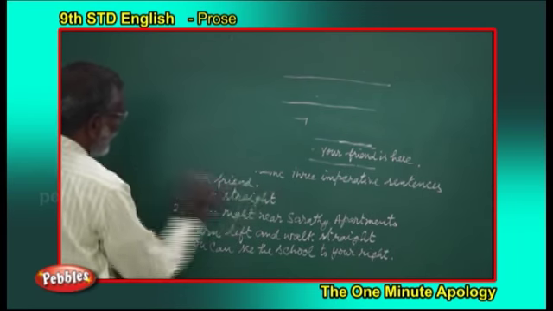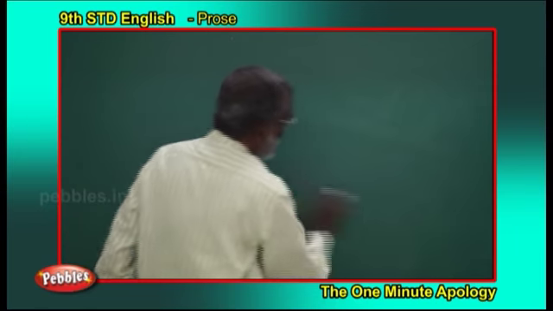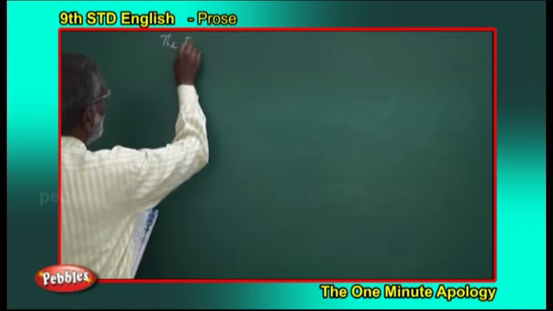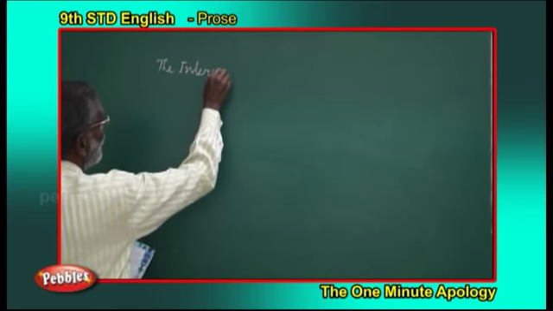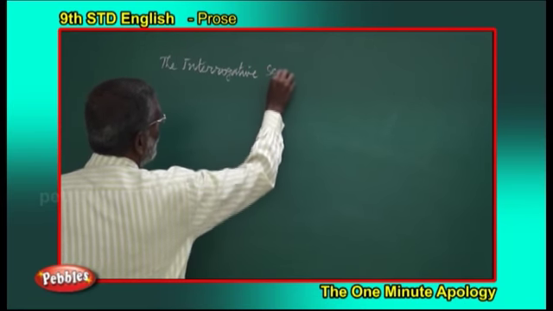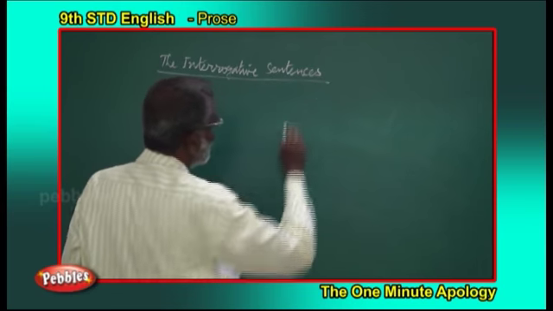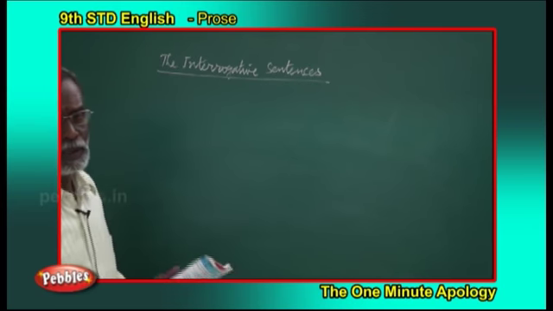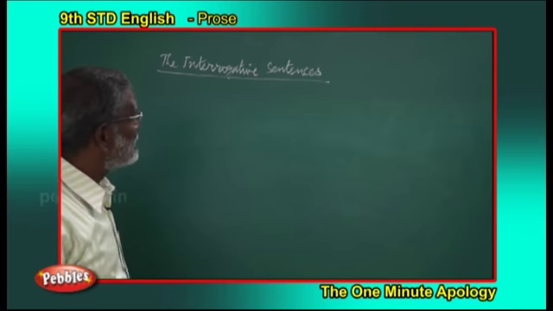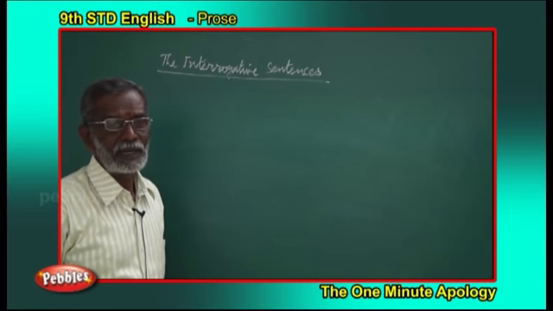Now the next one is interrogative sentences. What do you know about interrogative? You might have learned in your lower classes. Interrogative means it is question. And how many types of questions are there?